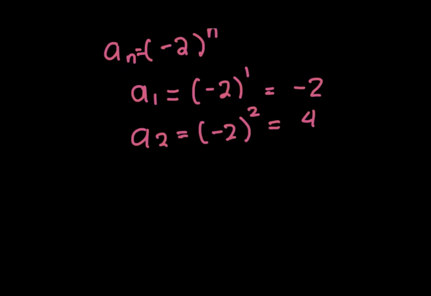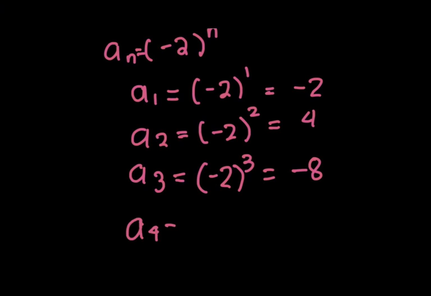So that's negative 2 times negative 2, it becomes positive 4. You have a sub 3, which is term 3. So this is negative 2 cubed. This is equal to negative 8. Notice the sign.